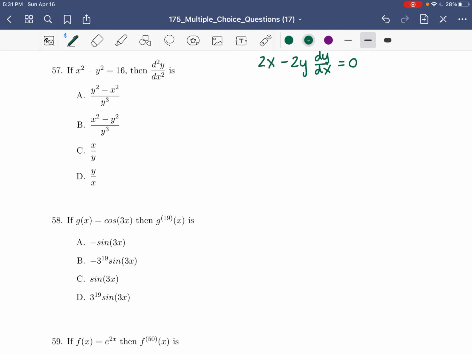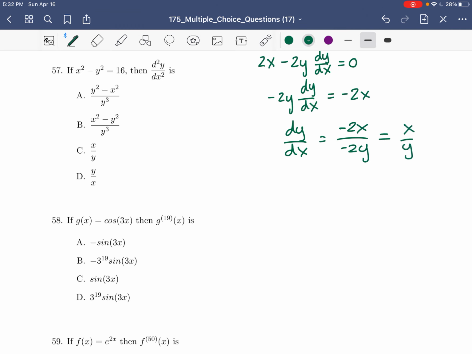And we still want dy dx by itself, so I'm going to have negative 2y dy dx equals negative 2x. Divide, so dy dx is negative 2x over negative 2y, which just simplifies to x over y.